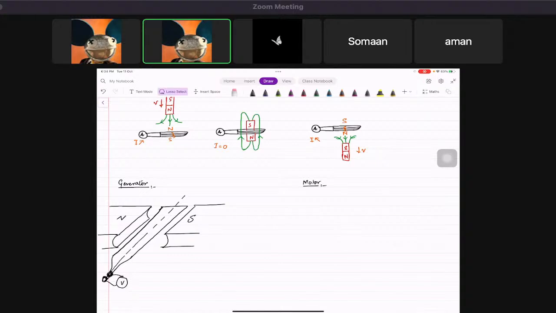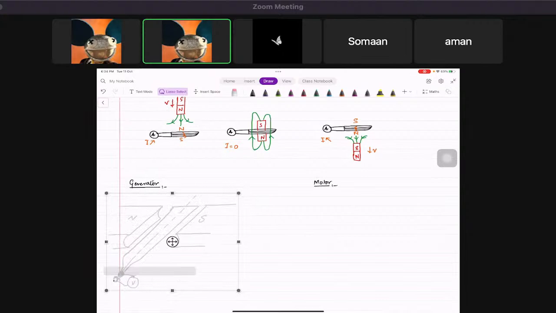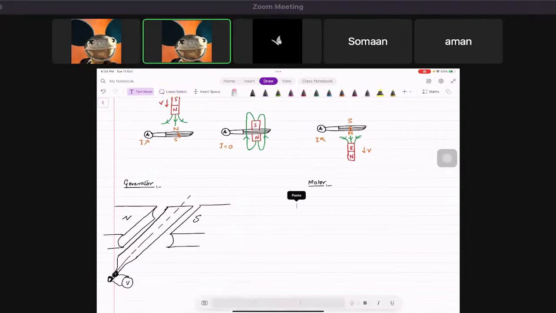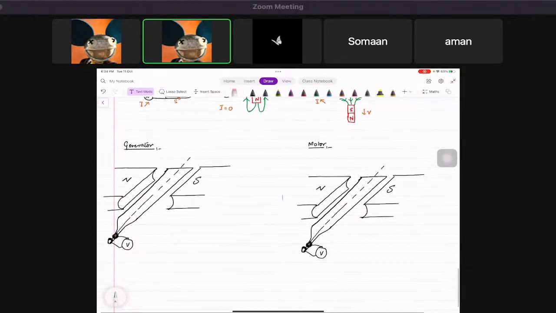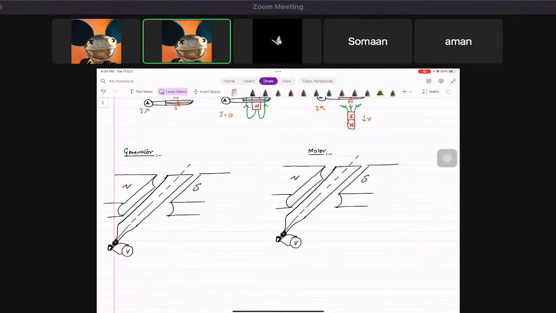Whereas in this arrangement, the motor uses a different kind of assembly where it is connected to split rings.